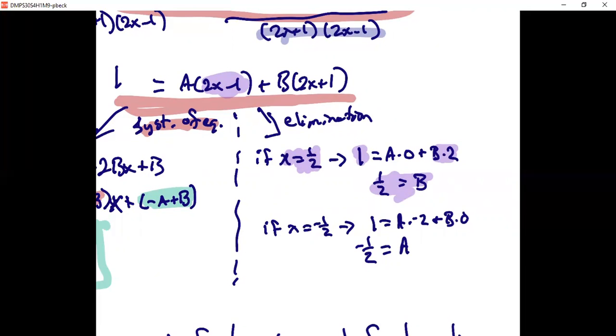Similarly, at this point, we now go to the other factor and say, what eliminates the other factor? To eliminate the other factor, x is -1/2, and by doing that, I can very quickly and efficiently find a.